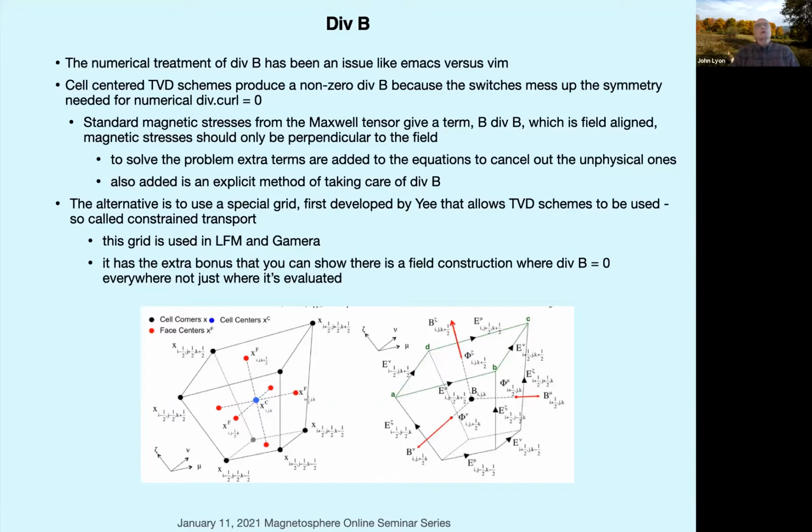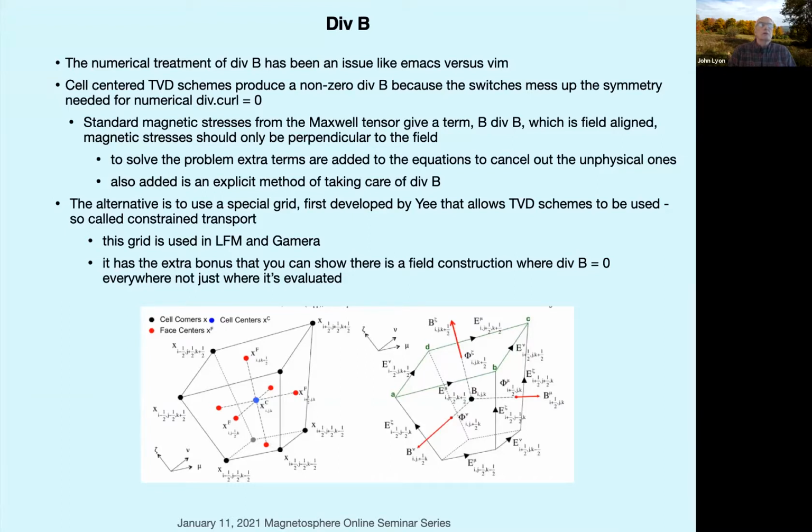The issue arises because when you start using these TVD schemes, typically you can see in the little volume down there, the nominal hexahedron.